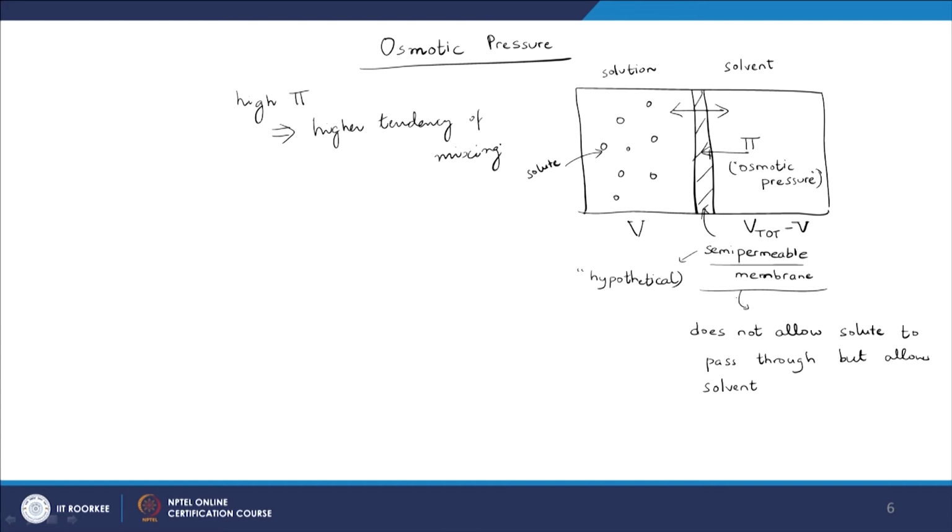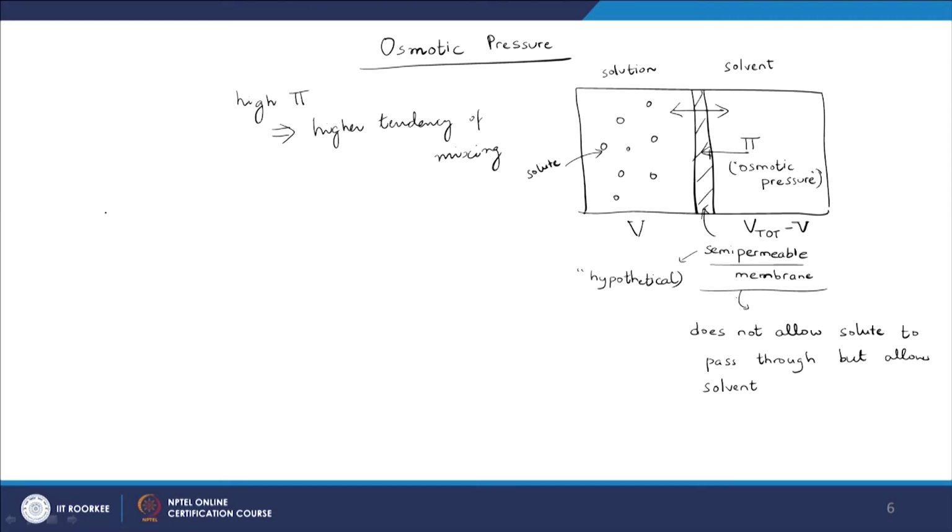And now, since f of phi, the Helmholtz free energy density that we have discussed earlier, already characterized the mixing behavior, that should also characterize the osmotic pressure. So, this is a qualitative way to look into this, and now we will do a derivation of why it is indeed the case.